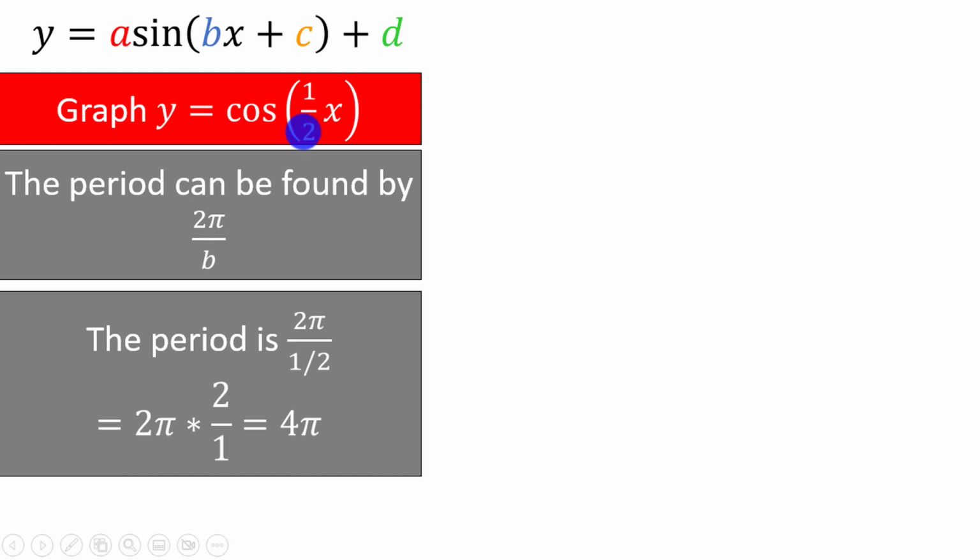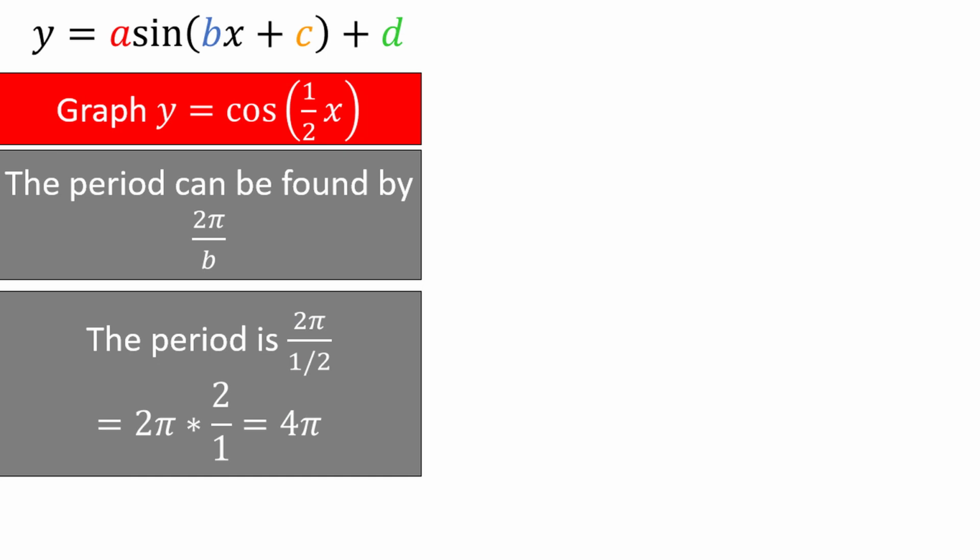If we inputted 4 pi, we would get 4 pi times 1/2, which would be 2 pi. So once x reaches 4 pi radians, the entire inside of the function will reach 2 pi and start repeating itself. Therefore, the new period is 4 pi, because that's what we have to input into the function to get the inside of the argument to reach 2 pi, which would represent one period. In general, we can always find the value by taking 2 pi and dividing by the coefficient b, and that will always tell us the new period.